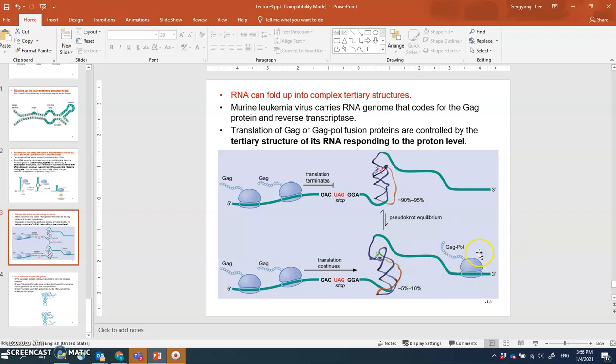The complete, larger protein will be made. Polymerase is of course needed to further replicate the RNA genome and make more of these viruses in the host cell. So the switch is important for the further infection of the viruses.